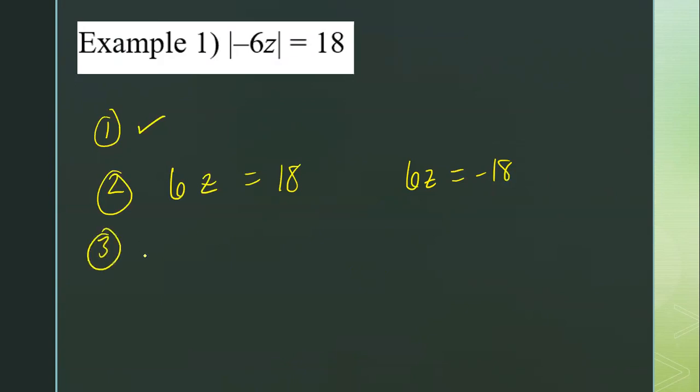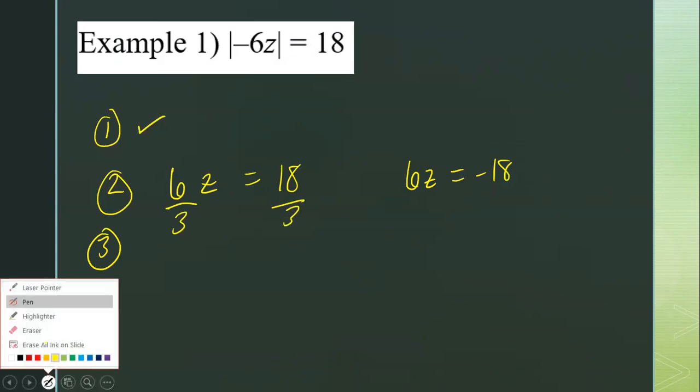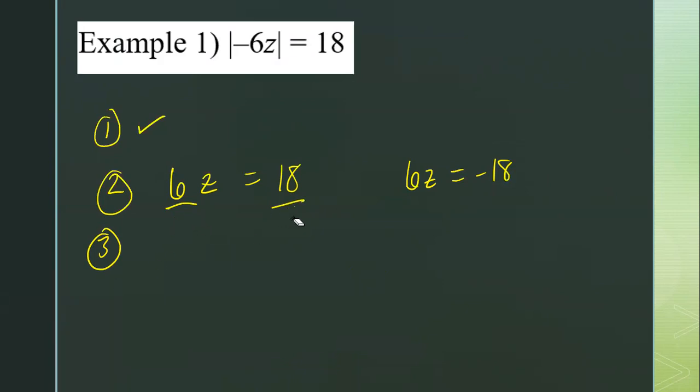And then third is to solve. So what do I need to do to get z by itself? Well, the inverse of multiplying is to what? Divide. So I'm going to divide everything by, that's not a 6. Oops. I wrote the answer, not the thing. Divide by 6, and that gives me z equals positive 3.